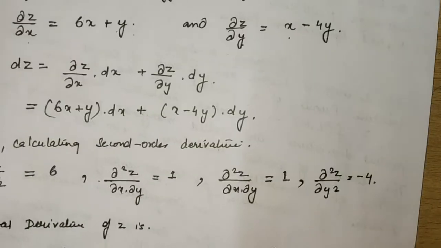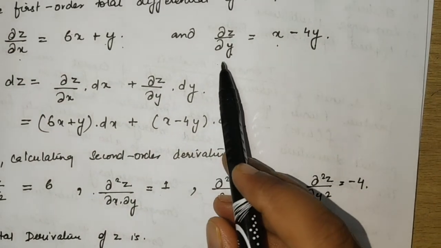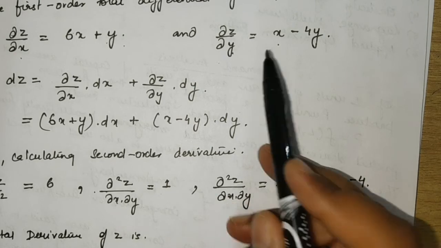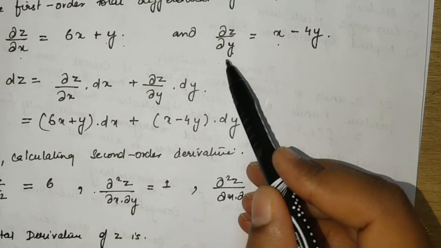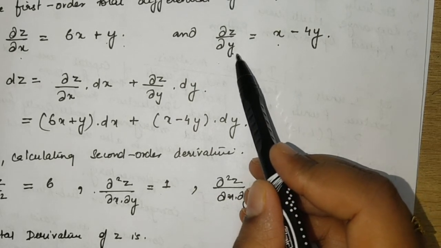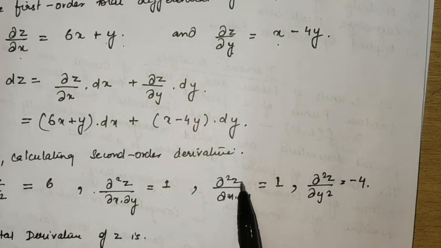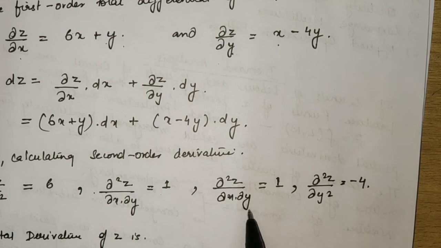Now this has to be differentiated with respect to x and also with respect to y. We differentiate this with respect to x. So it will be delta square z by delta x into delta y.